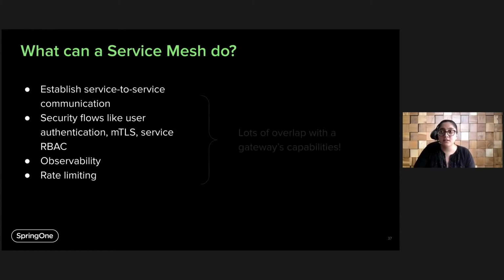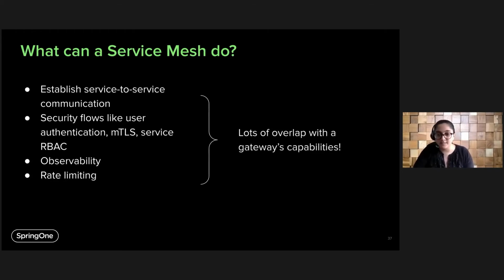So a service mesh, what can it do? It allows you to establish service-to-service communication. That's the basics of it. It also allows security flows like user authentication, MTLS, service RBAC, observability, rate limiting, and many more. And there are some service meshes available in the market that also include a gateway implementation within them.